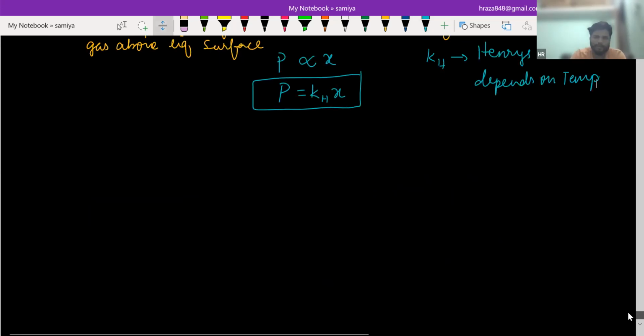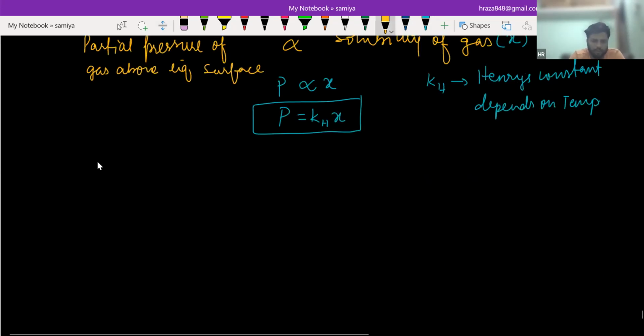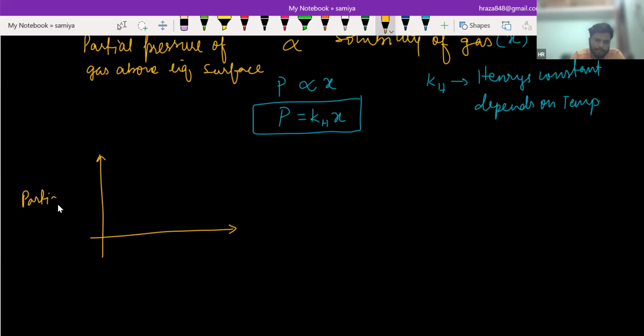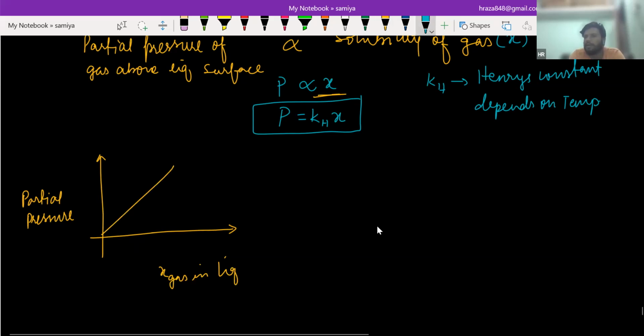Now see, we have a graph. If we are going to plot a graph between partial pressure versus mole fraction, that is the mole fraction of gas in liquid, since we know that this is directly proportional to this, the graph will be a straight line. Now another important point is that when we talk about slope, that means tan theta.